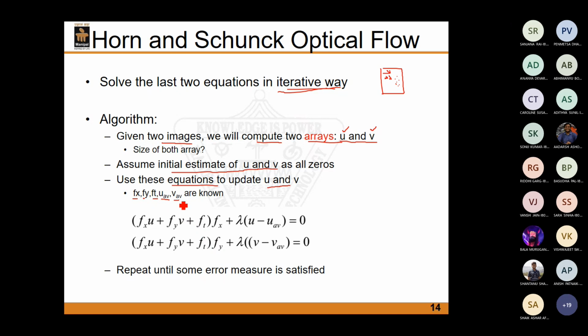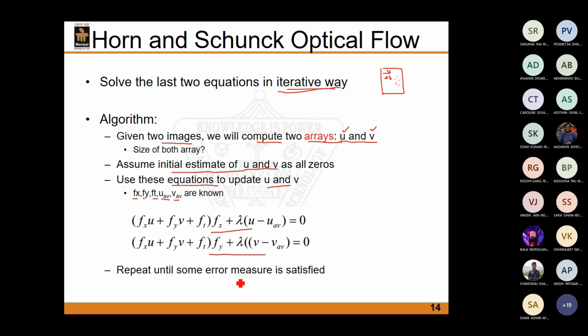Once we know these quantities, we substitute them in the previous equations, and the only values that need to be determined are u and v. So accordingly we update the values of u and v, as shown in these equations.